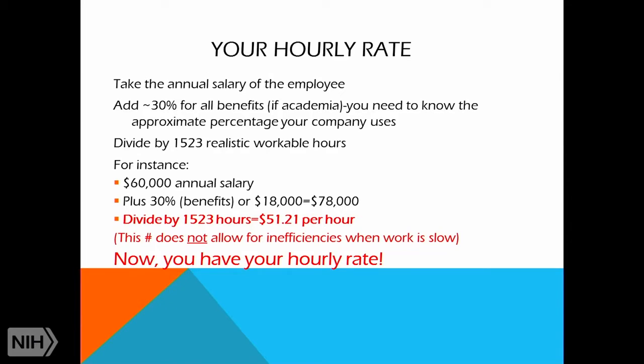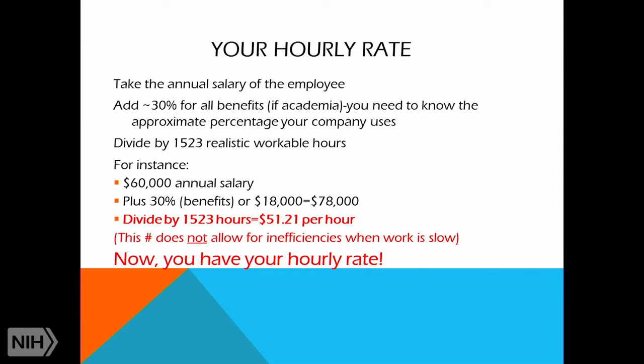If you take the annual salary of the employee and add whatever your benefits are, you'd have to check with HR to find out what your benefit package amounts to. For us, they said it was 30%, and that includes health care, tuition reimbursement, matching for 401k, that sort of thing.